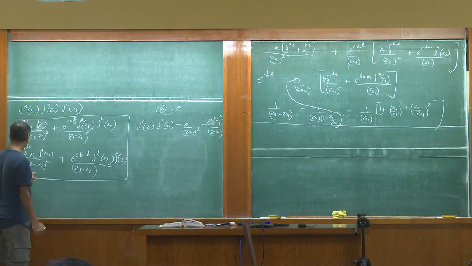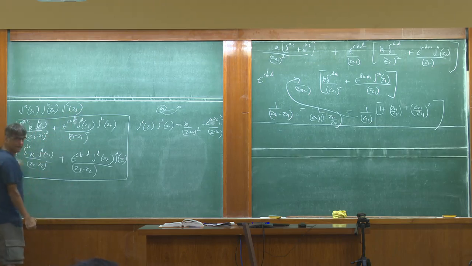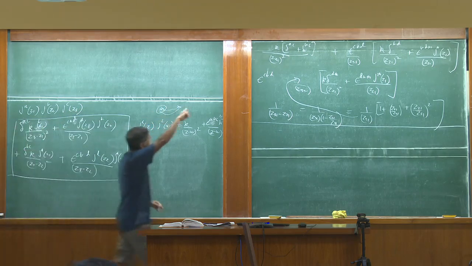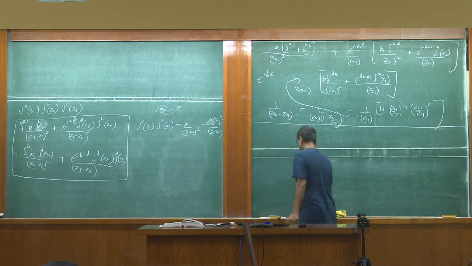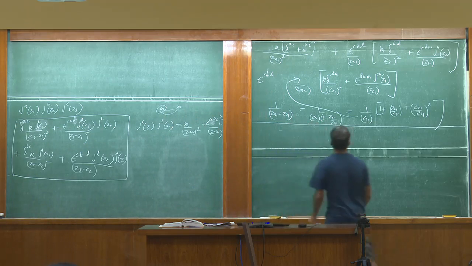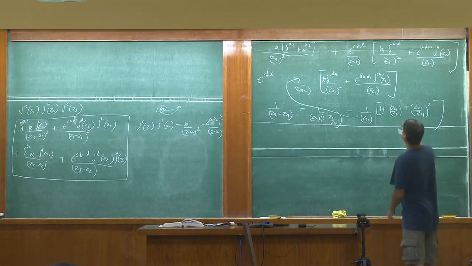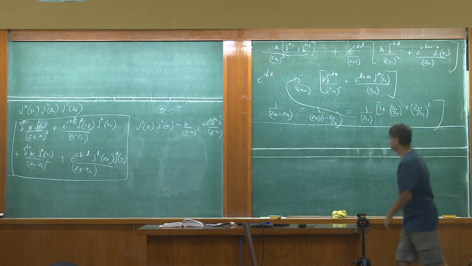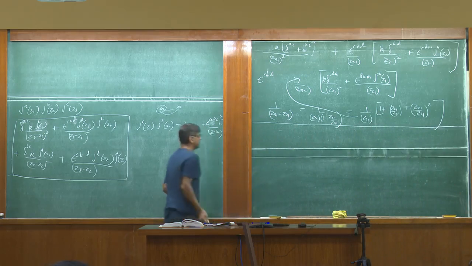Which two, sorry, where? 1 by Z. Haven't we taken that into account upstairs? Yeah, the top line was those guys, right? So there was this plus that plus that. Okay, excellent.